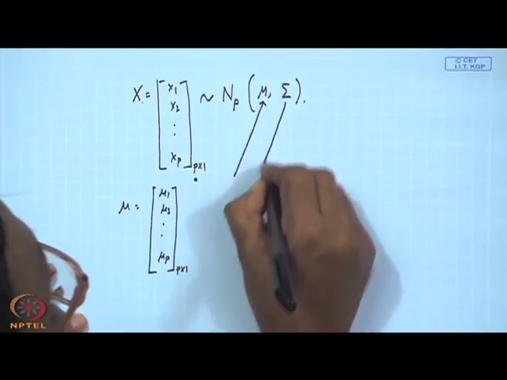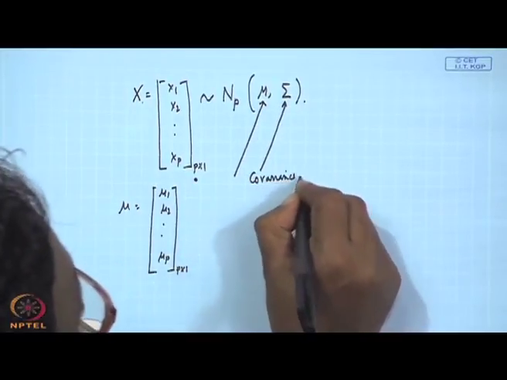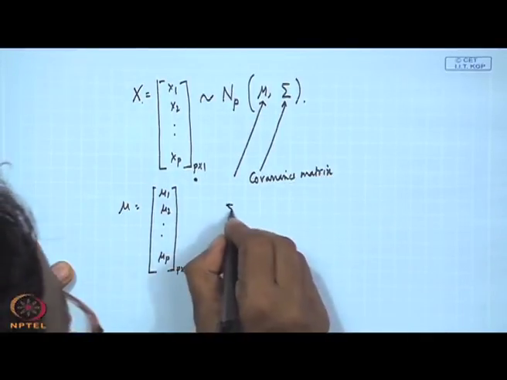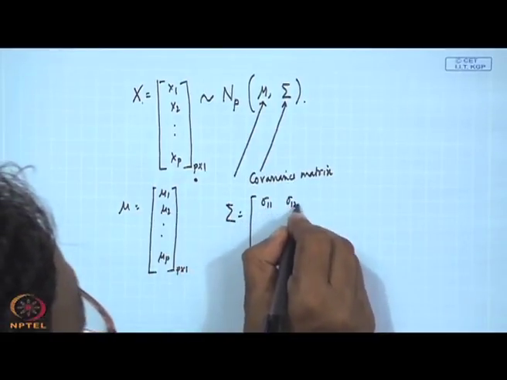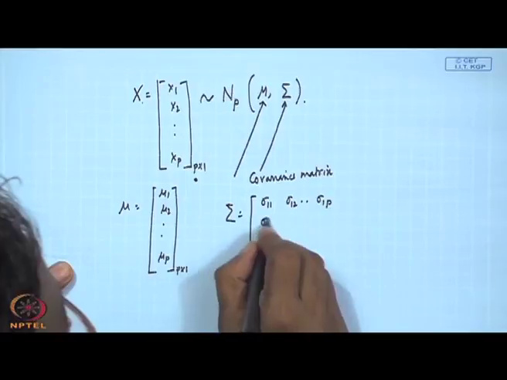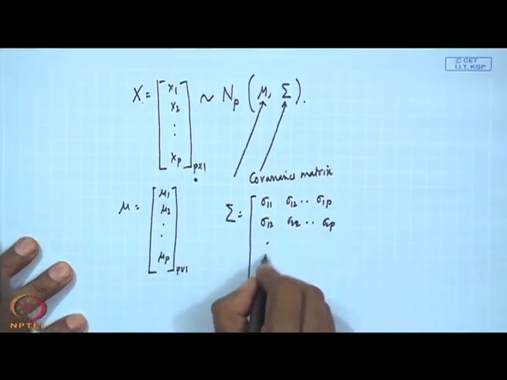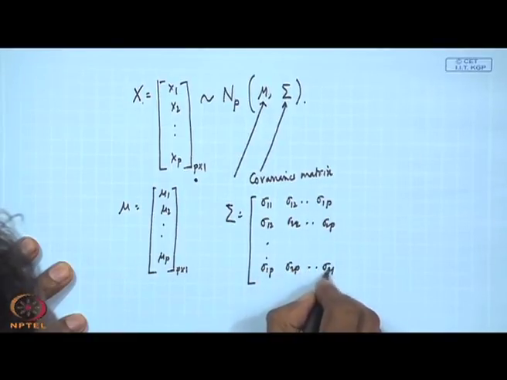And this is the covariance matrix, a p cross p matrix: sigma 1 1, sigma 1 2, sigma 1 p, sigma 1 2, sigma 2 2, sigma 2 p, sigma 1 p, sigma 2 p, sigma p p.